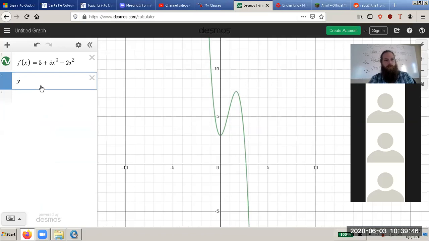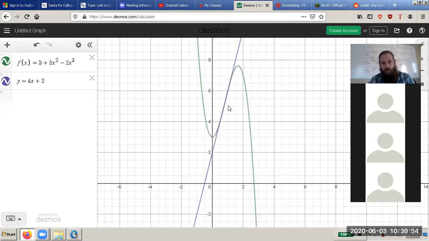And then we can graph the 2 tangent lines. And you see that it is indeed tangent to the graph right here at 1 comma 6. Yeah, 1 comma 6, that's our point of tangency.